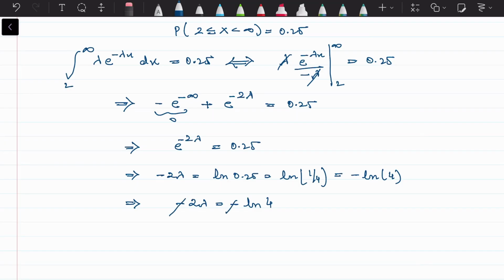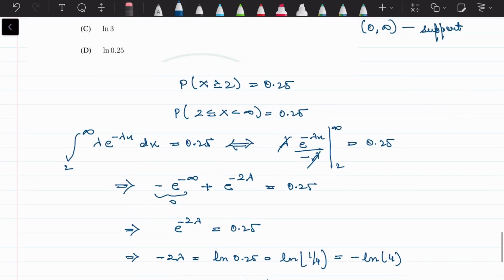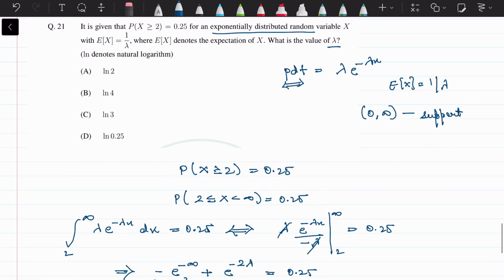We can cancel the minus, and so lambda is equal to ln of 4 by 2, and by using the properties of ln, lambda can be written as ln of 4 to the power 1/2, which is the square root of 4, and this is equal to ln of 2. So the answer to the question is ln 2.